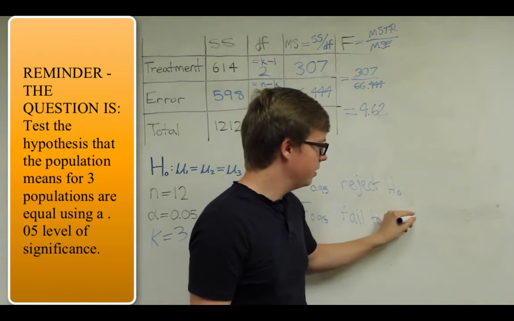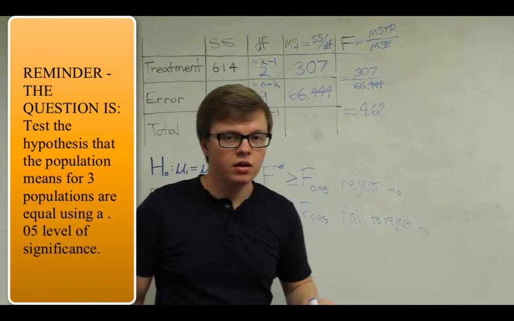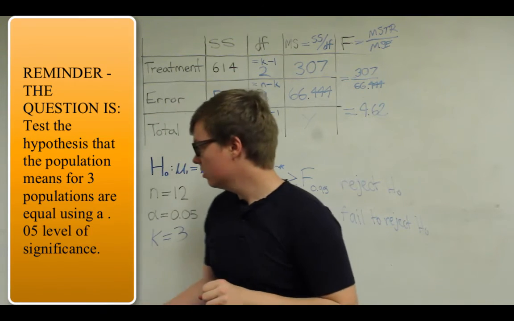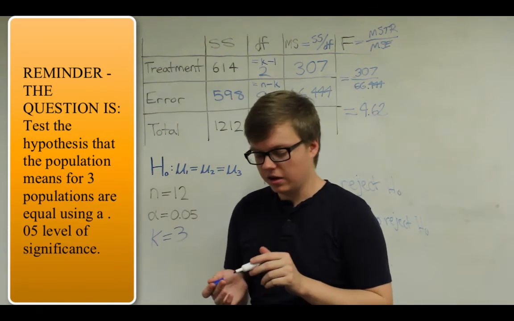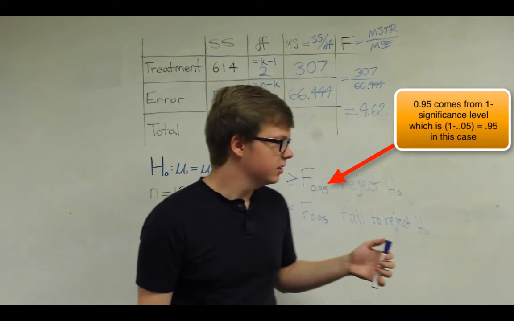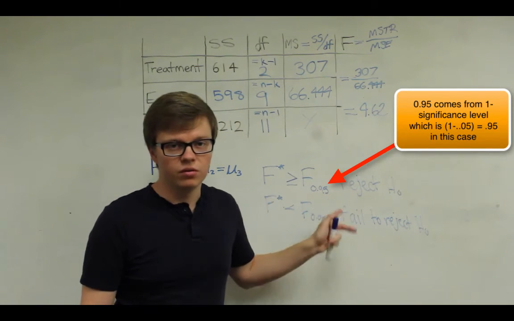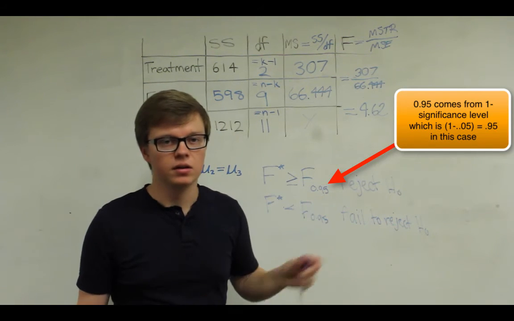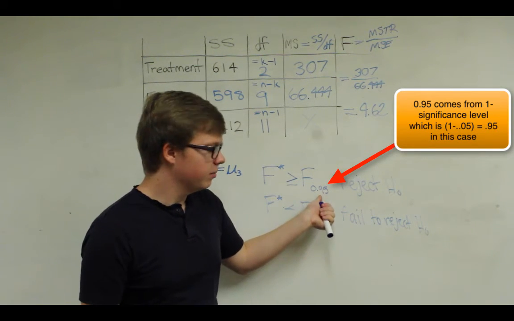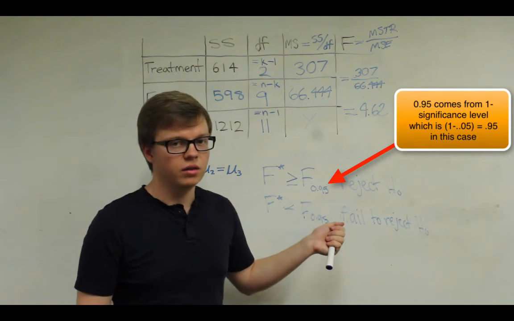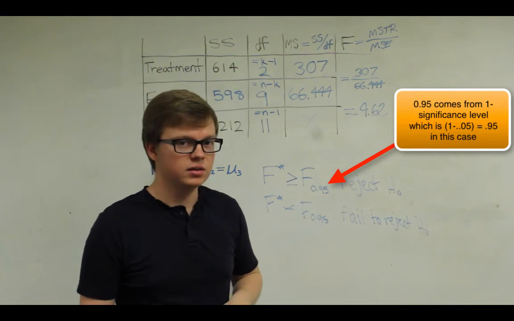The reason I put 0.95 next to this F value is because we're using the alpha equals 0.05 level of significance. Sometimes you'll see this with just the 0.05 subscript, other times 1 minus alpha as the subscript. But either way, it denotes the critical F value at the 5% level of significance.